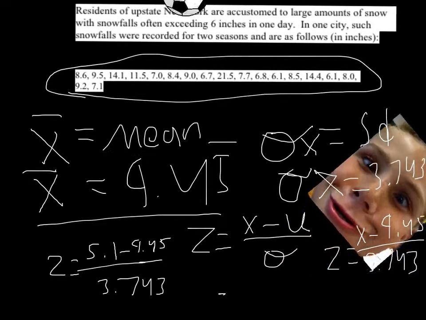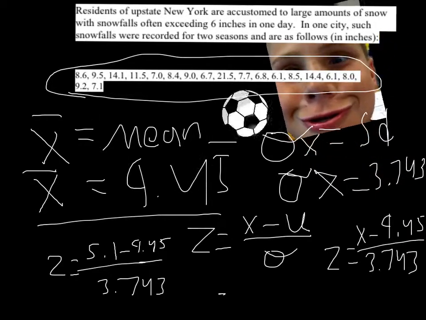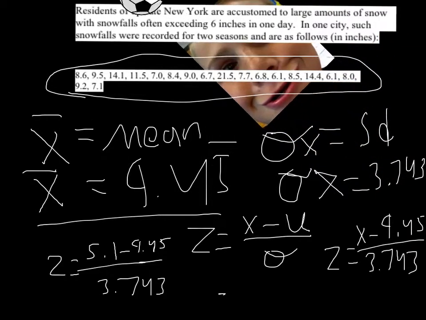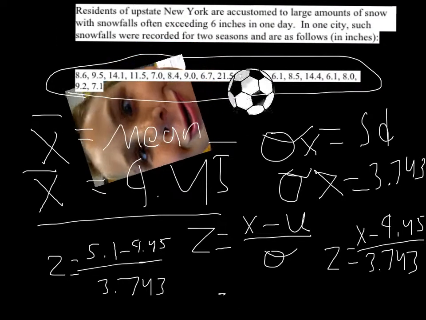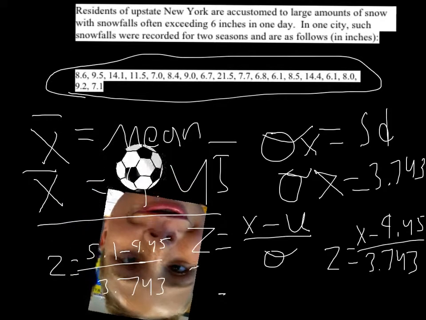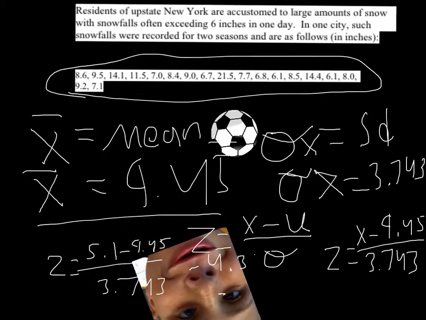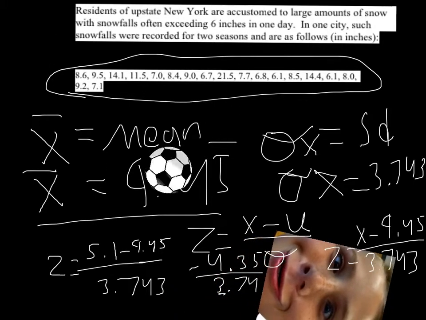You'll get 5.1 minus 9.45. You will get negative 4.35. So, after you do that, that will be the top of the fraction, so it'll be negative 4.35 over 3.743.